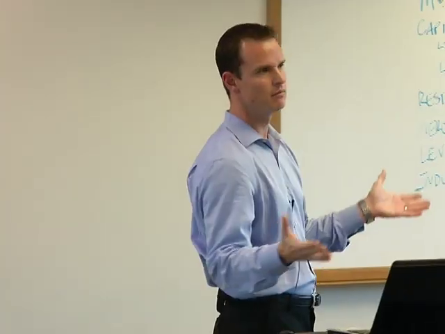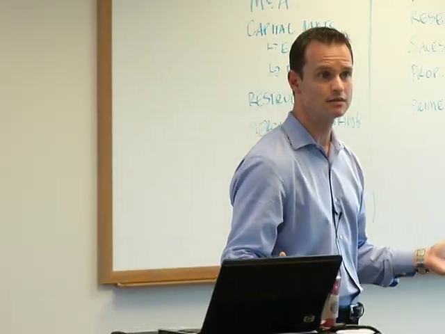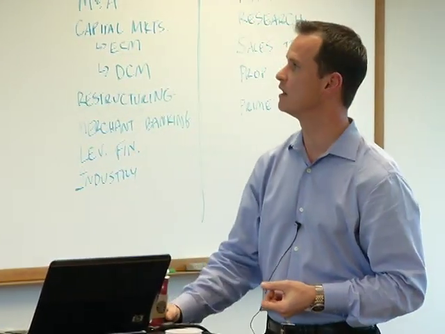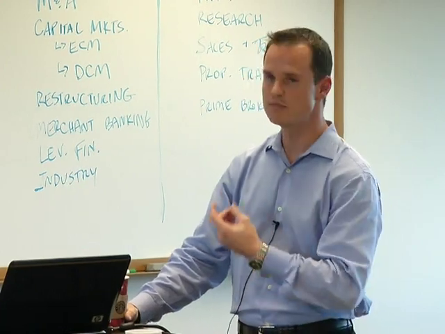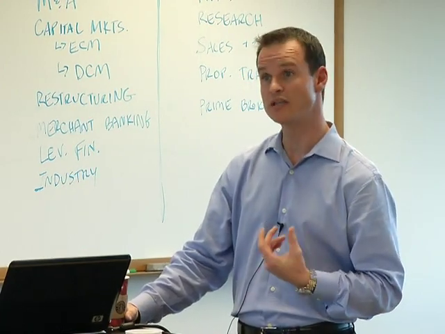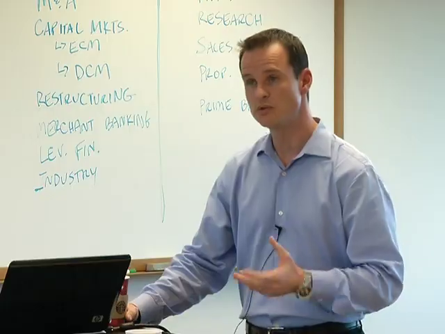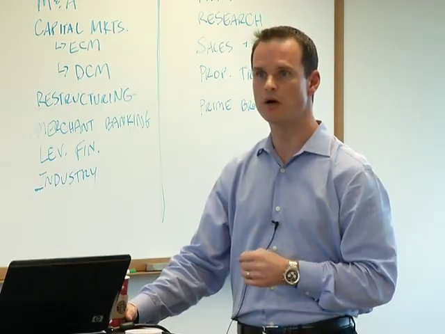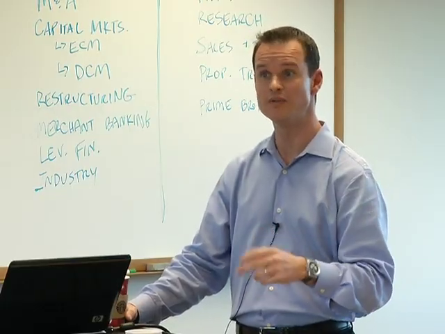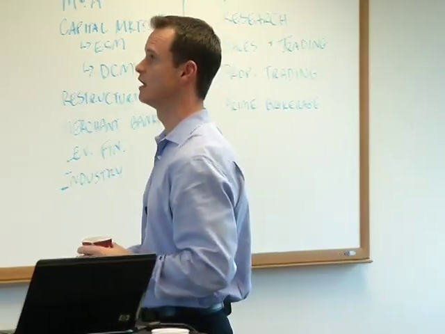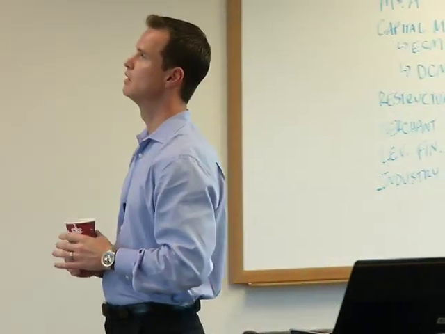There are a bunch of different quote-unquote material events that would require the company to file an 8K. These are especially useful if we're looking at precedent transactions, which we're going to do starting tomorrow, and gives us a sense of the terms of a deal, helps us validate a lot of those terms.